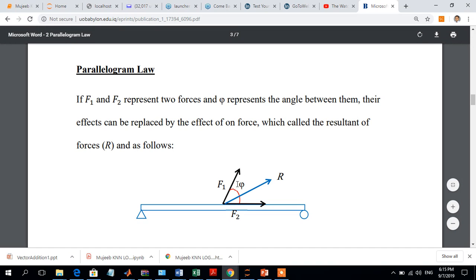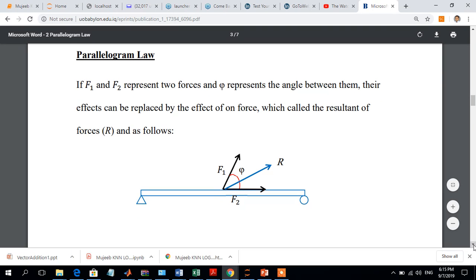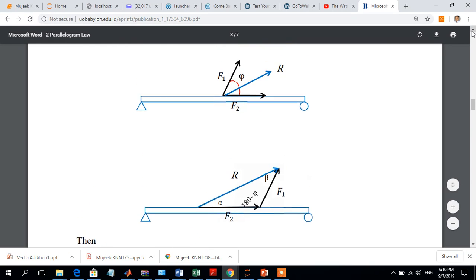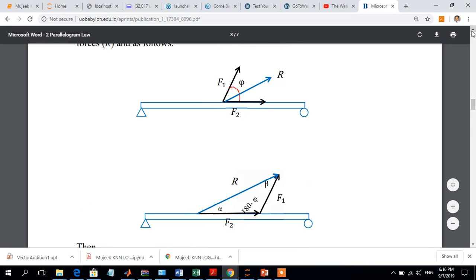This type of case occurs when an object experiences two forces having different directions, sometimes equal or maybe different magnitudes. Now, in order to find the resultant value, we just want to move F1 and fit it exactly at the end of the first force.